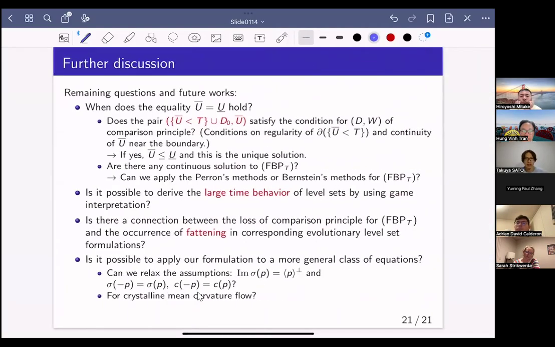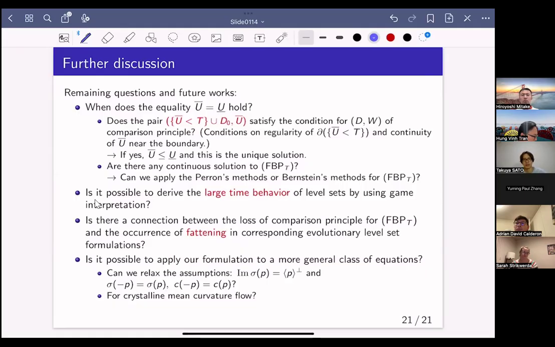Let me quickly explain the further discussion and the future work of this study. The remaining task to know the well-posedness of this free boundary problem is to determine when the existence of the solution holds, for example, when these two Hartley-Lax limits coincide.